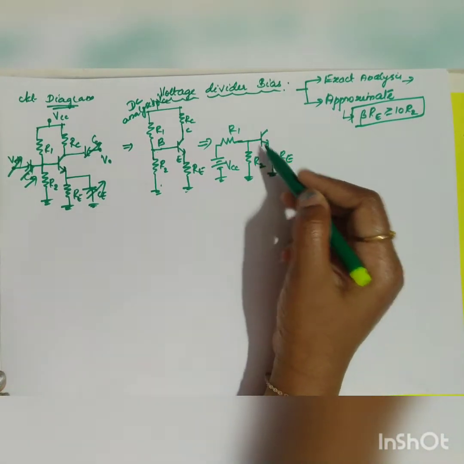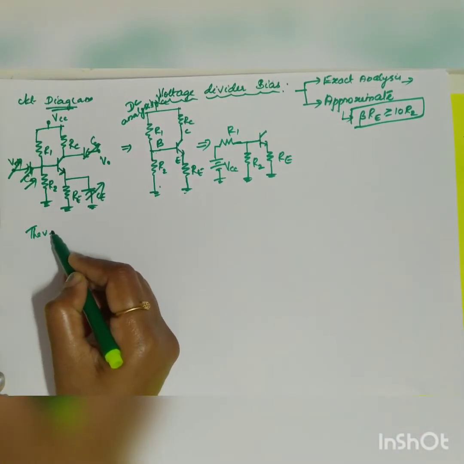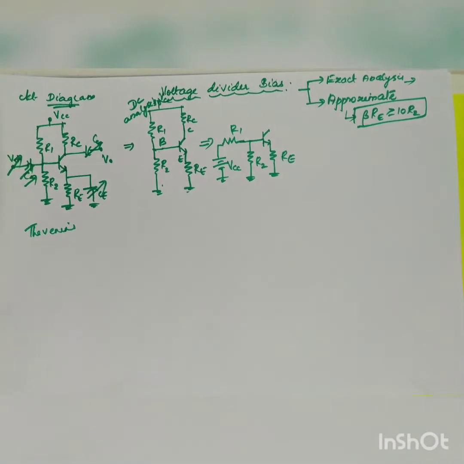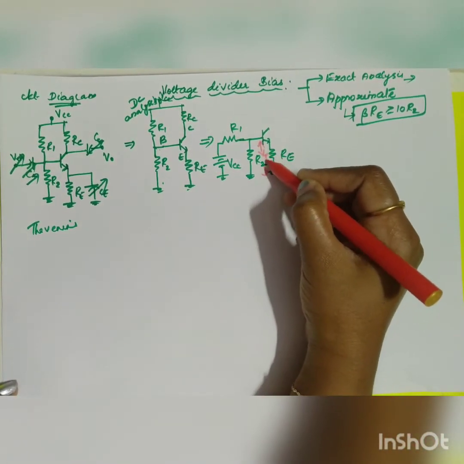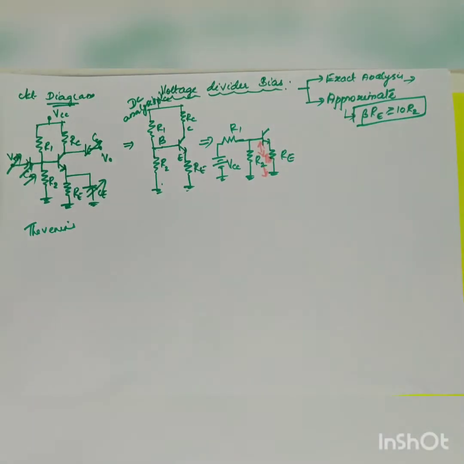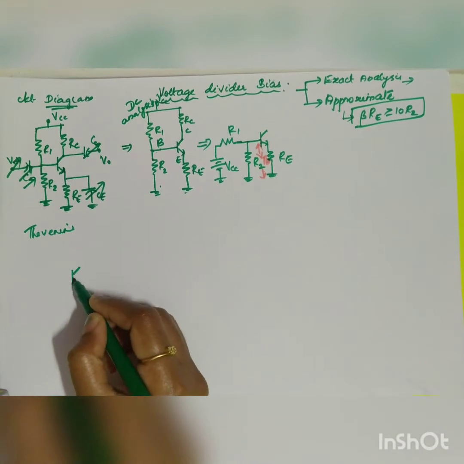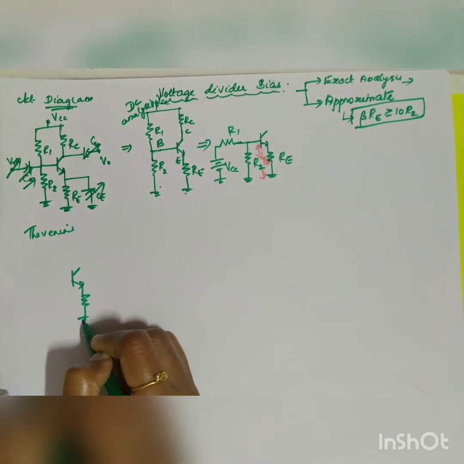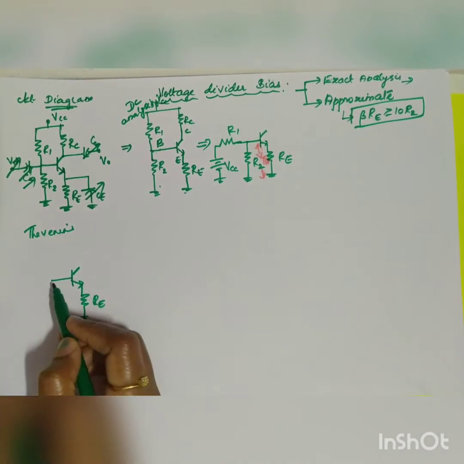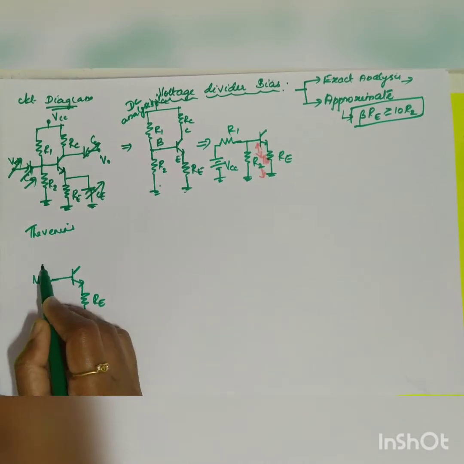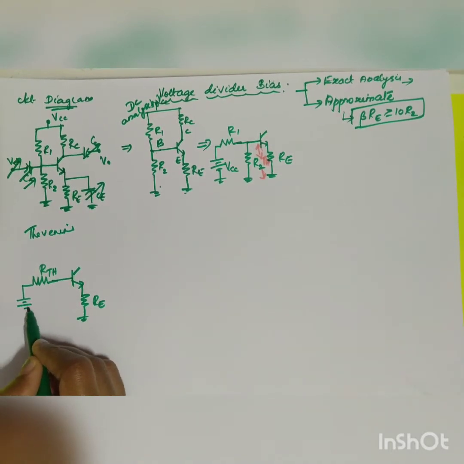Now this circuit on the input side, I am going to replace by Thevenin's equivalent circuit. So this is going to be your VTH, and R1 and R2 will be replaced by RTH. By applying the voltage division rule, your circuit will be converted into RTH and this is going to be your VTH.